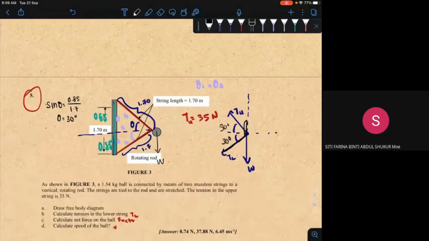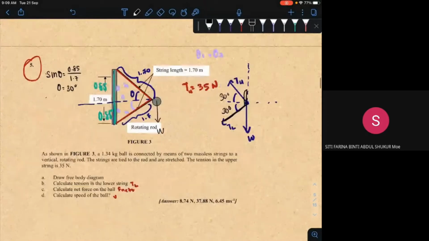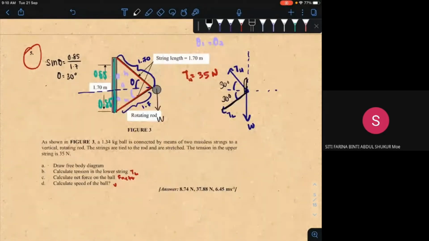So, kita nak cari tension dekat lower string sini. You can use Y component ataupun X component, tak ada masalah. Sebab kamu punya tension in the lower string here belongs to X dan juga belongs to Y. Dua-dua boleh guna.